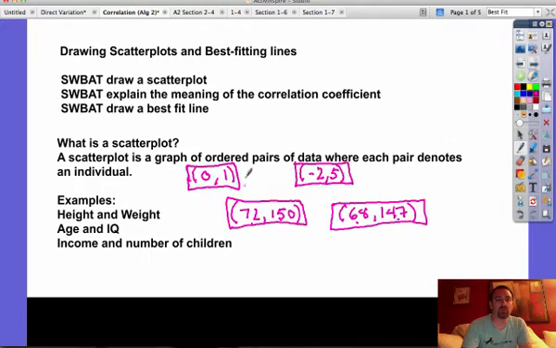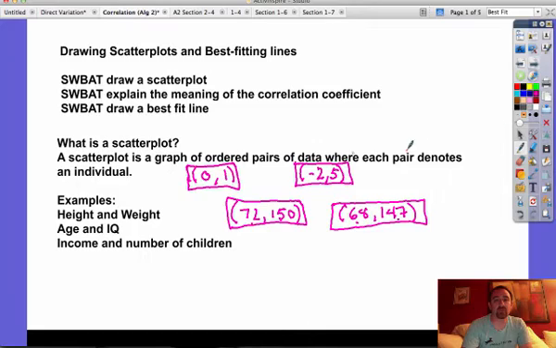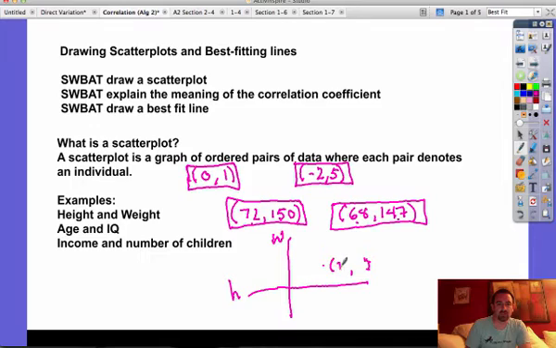So, what do we do with these now? We simply graph them on an XY plane. If this is my X and Y, and this is going to be, let's say, height and weight, then this dot is going to be an ordered pair. Perhaps it's the pair 72, 150.